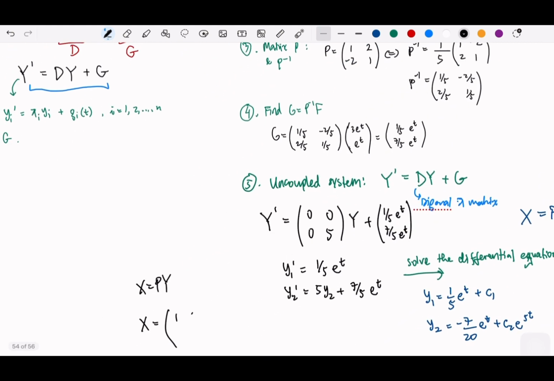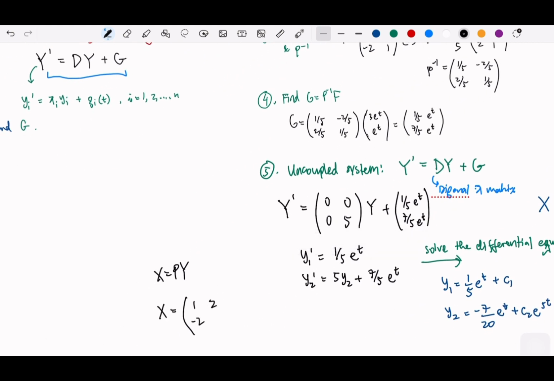So P is 1, -2, 1, multiplied with all this y, and then we can solve this.